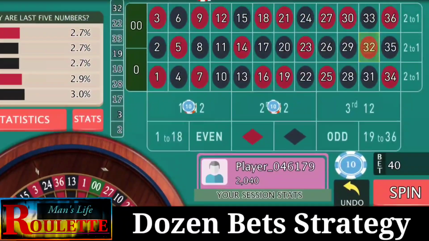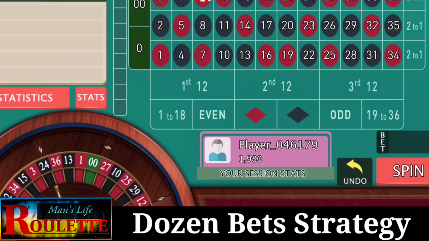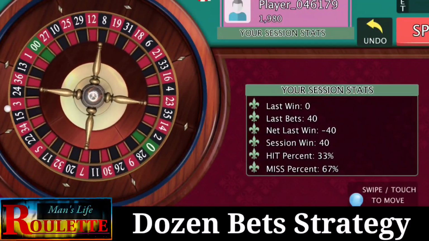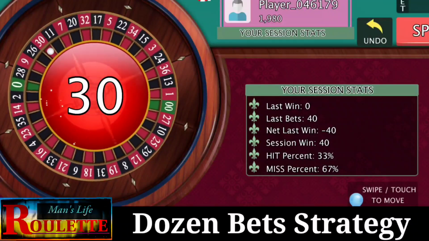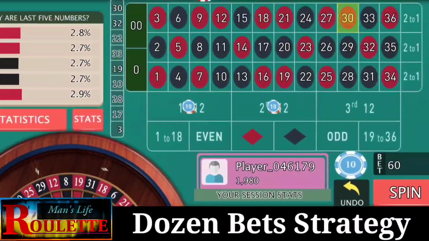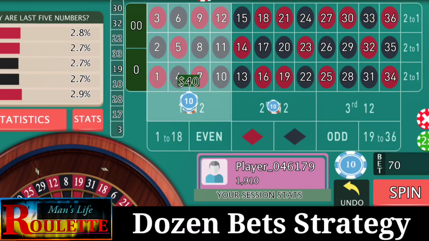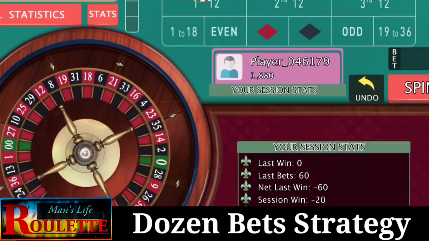This is the second consecutive loss, so it's time to increase my bets by $10. This is not the second, this is the first loss, because the previous spin was 22 and that was a win. So 30 this time, and I lose again, so it's time to repeat and increase $20 to both the positions.